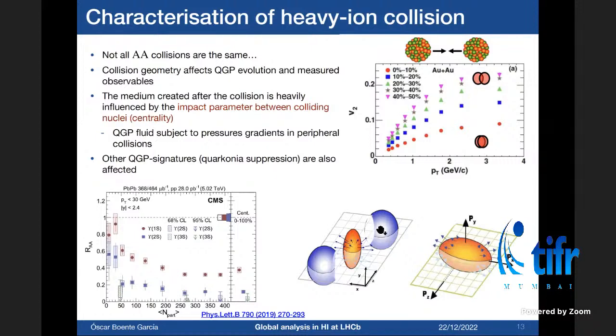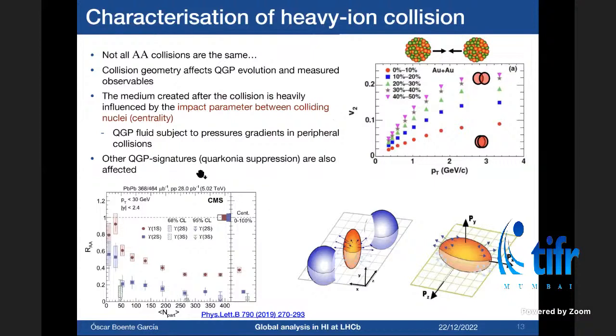And as an example, you have the flow measurements. So basically, this fluid can take information from the initial spatial anisotropy and translate it to an anisotropy in the momentum space of the final state particles, and you have this v2, which is basically the Fourier coefficient of these fluctuations of the elliptic flow, and you see that it clearly varies with centrality.